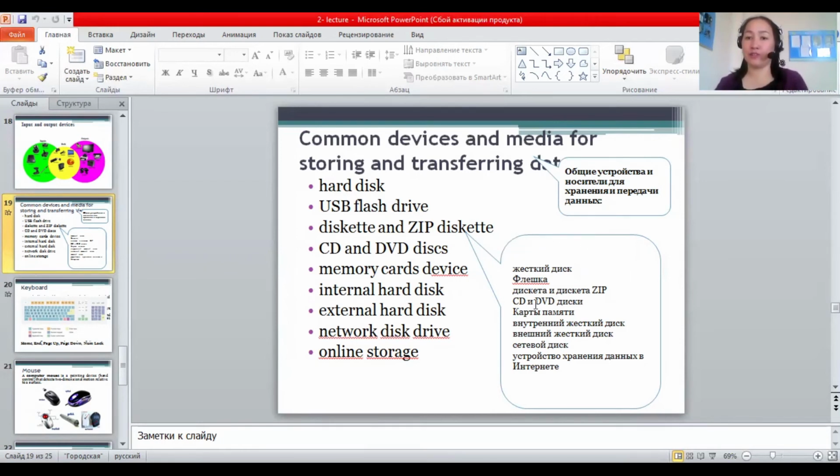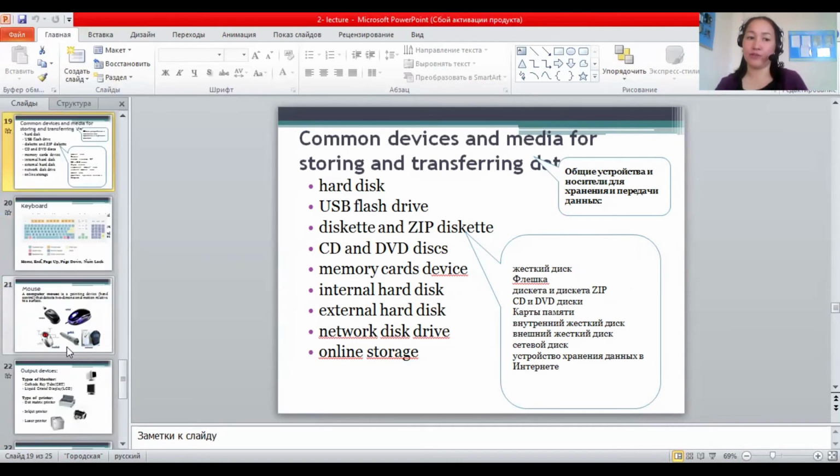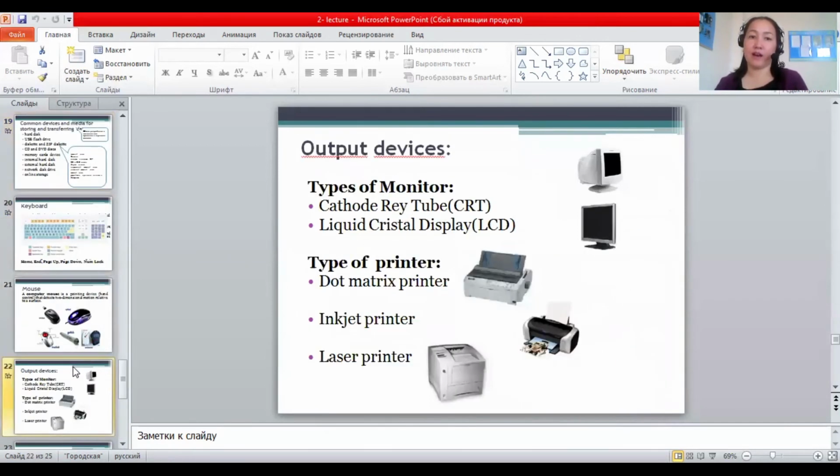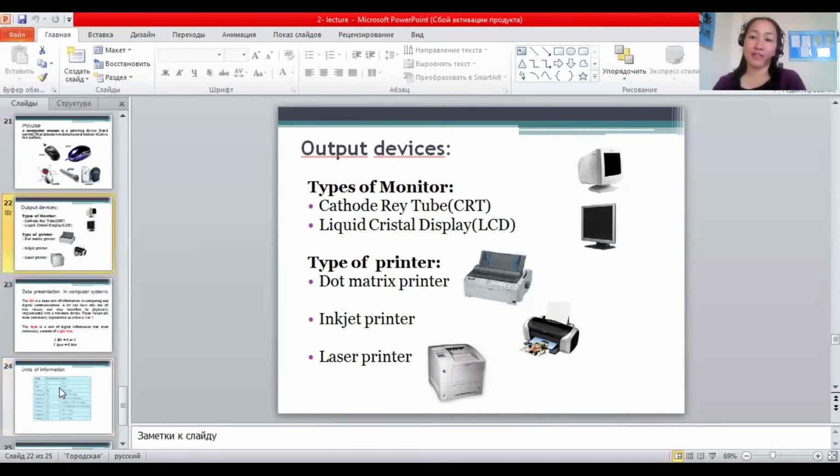I write in Russian language so it's understandable for you. Output devices are the printer and the display, liquid crystal display, and the two types of monitor. Yes, two types of display. And for the printer, we have three types: matrix, inkjet, and laser. Today is our term. It's easy. I think you know it in art school, it's computer architecture.